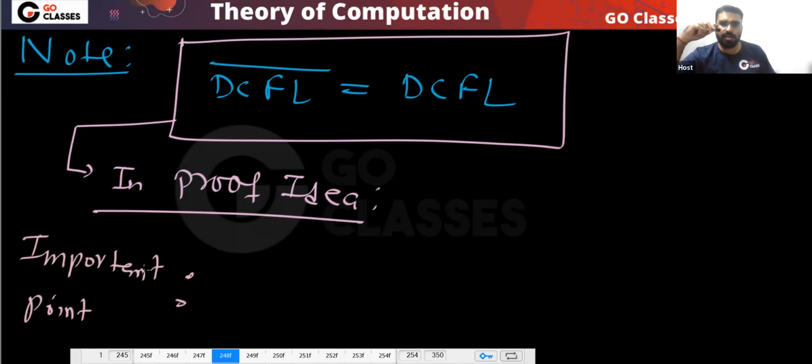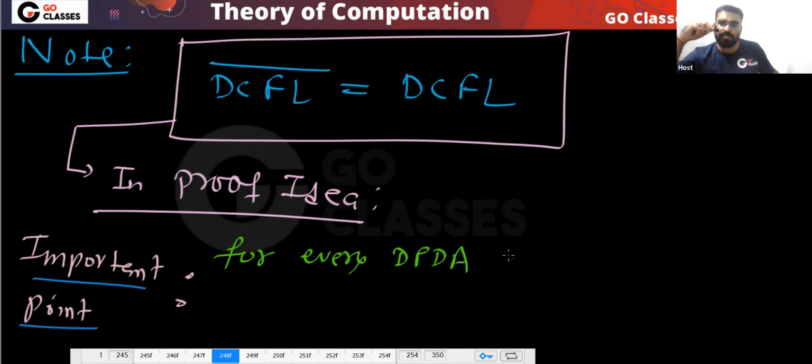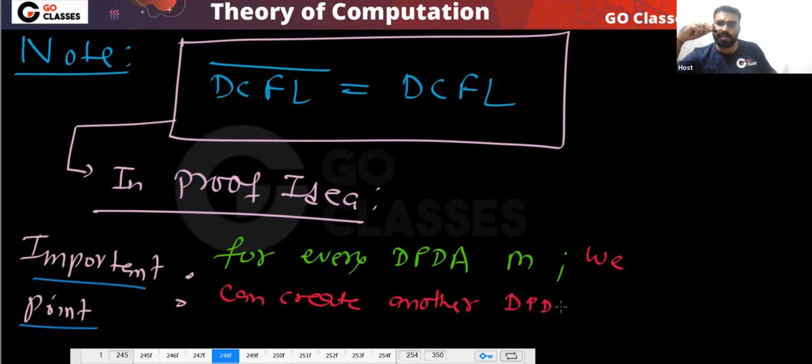The important point was that for every DPDA M, we can create another DPDA M2 which will always read the entire string.